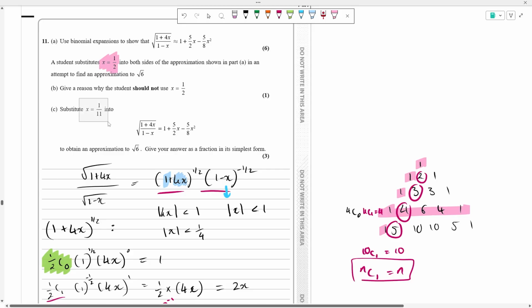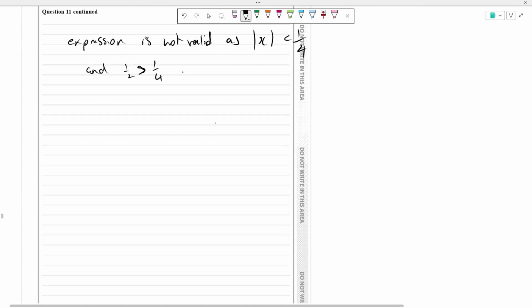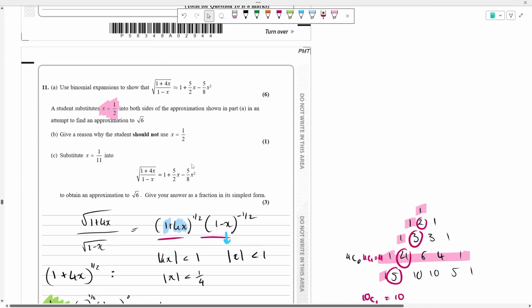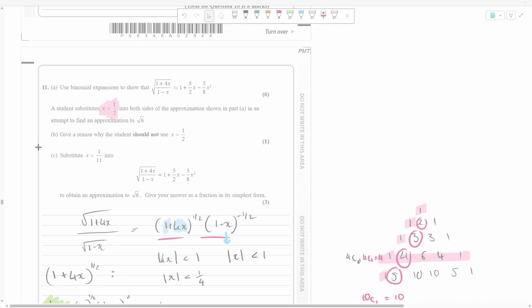We're going to substitute it into both of them and see what happens. If we substitute it into this, do we get root 6 straight away? I'm going to take a screenshot of this to move it down because I don't want to keep scrolling back up.